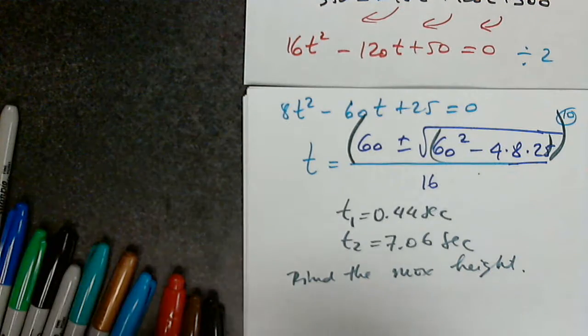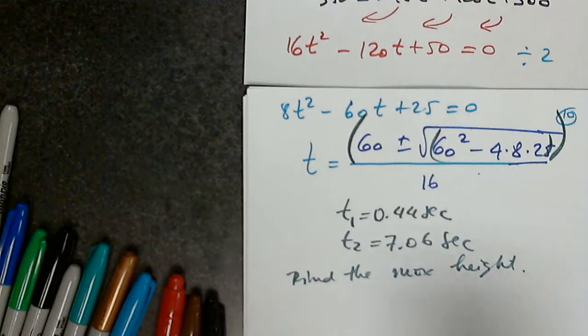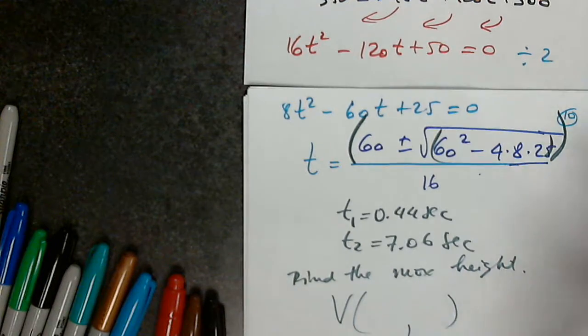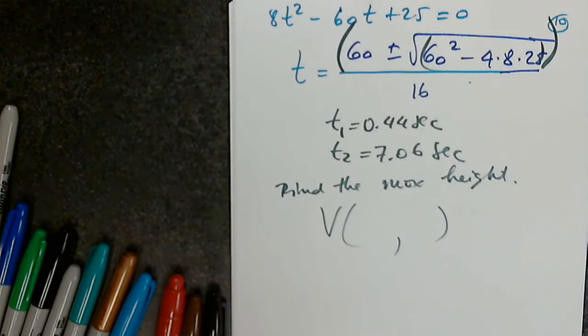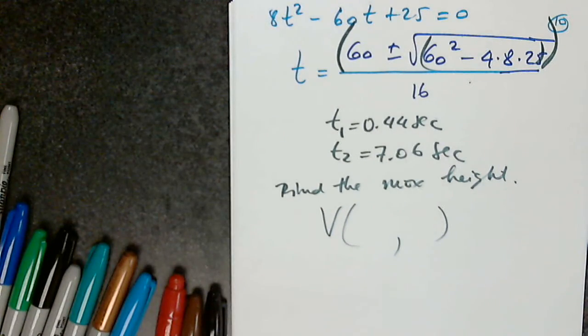That's all we need. Very good. And which of the two coordinates of the vertex will give us the maximum height? I know it's a silly question, but I need to ask. The y-coordinate will give us the maximum height. The x-coordinate will tell us how long it needs to get to the maximum.